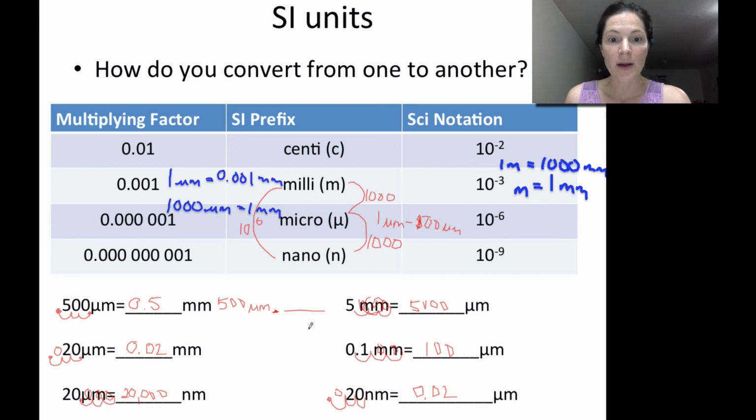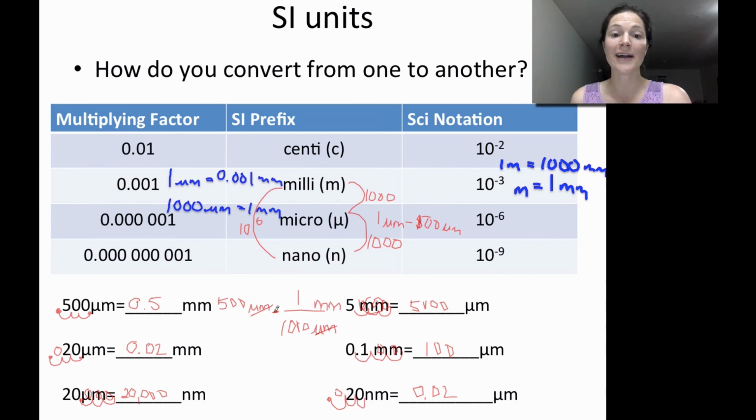I want something that's going to get rid of micrometers from the top, so I'm going to put micrometers on the bottom, and I'm converting into millimeters, so I'm going to want that on the top. And then I can easily say, oh yeah, micrometers are small, so it's 1,000 micrometers to 1 millimeter. I'm doing the exact same thing. So if you do 500 divided by 1,000, you're still going to get the same number, but you can just see that these units are going to cancel out.